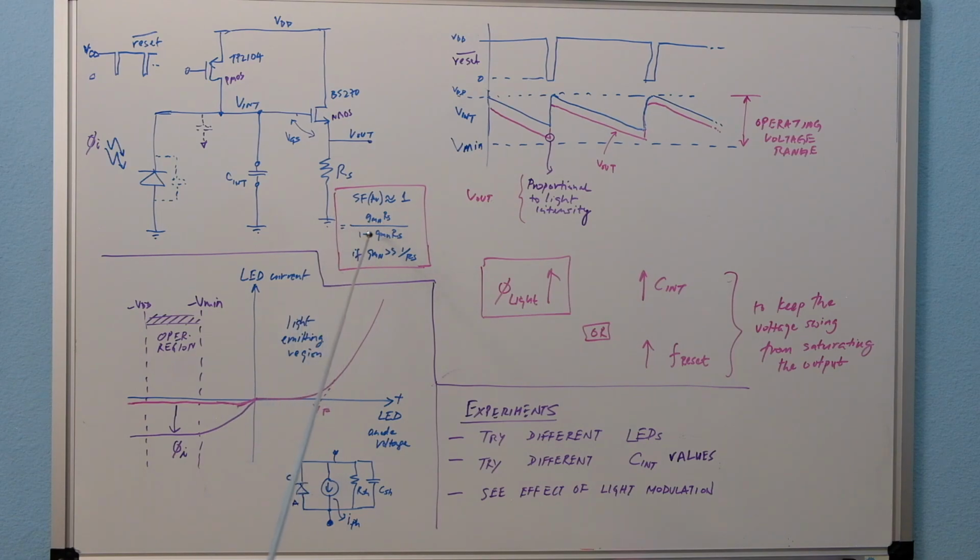So if you have GMN, which is typically going to be large if you have a decent amount of current flowing through this device, GMN RS becomes much larger than 1, and therefore you can ignore the 1 term here and you have a gain of approximately 1.